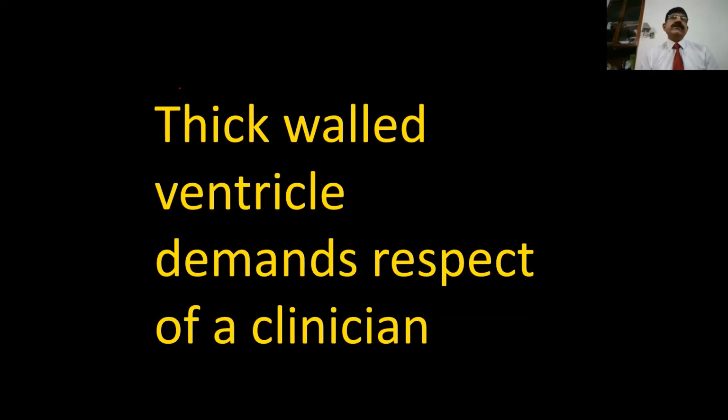And as we published in a paper, if you use color Doppler tissue myocardial imaging, and you do what is called curved anatomical M mode of the entire left ventricle, this variety picks up paradoxical strain in nearly 80% of hypertrophic cardiomyopathy.